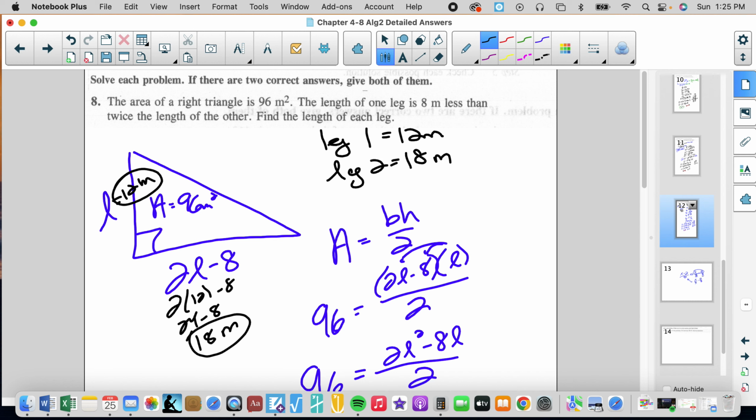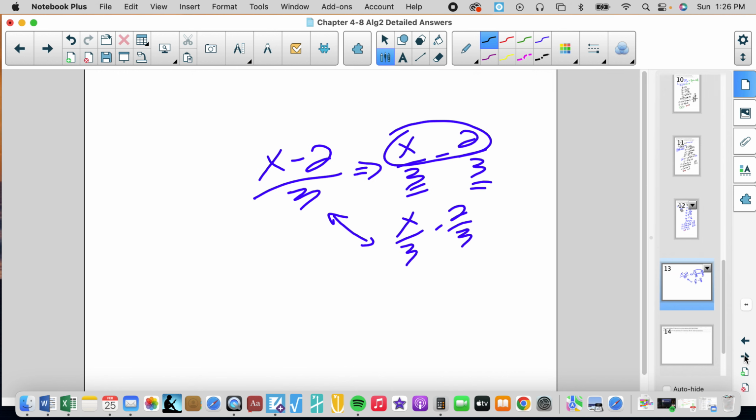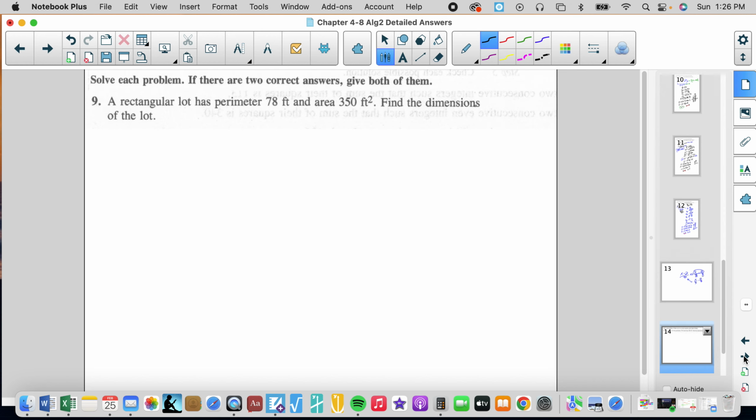Let's look at 8, 16, and 12. Oh! What did I do? Oh, sorry. 24 minus 8 is not 18. 24 minus 8 is 16. Glad I checked. I knew it. My intuition told me I'd made a mistake.